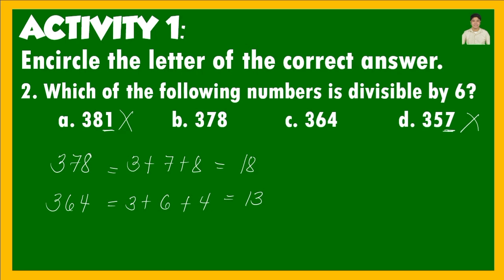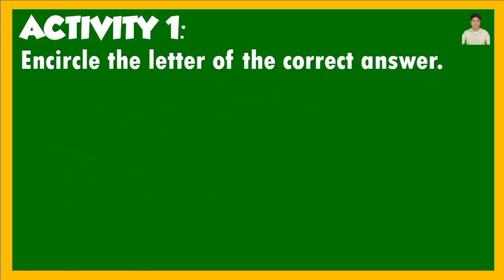Okay. Kasi pareho silang divisible by 2. Ngayon, chinecheck natin kung alin dyan ang divisible by 3. So, which is 378. Dun sa sum na 18. 13 is not divisible by 3. Therefore, option B, 378 is divisible by 6.